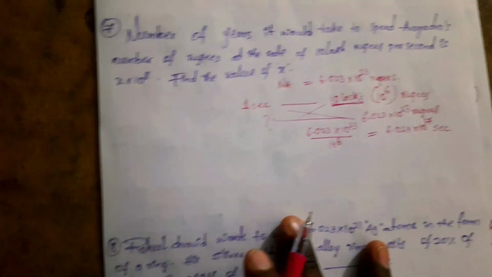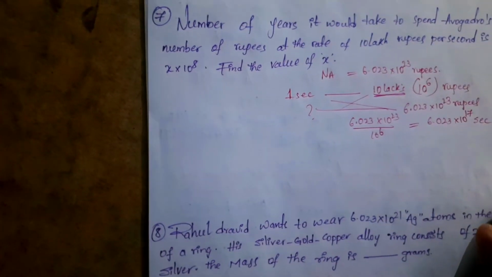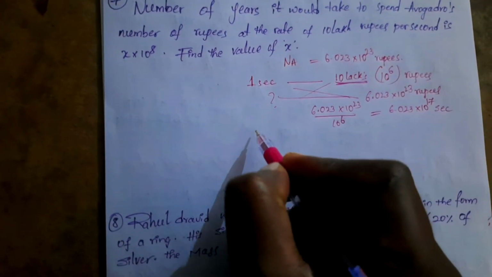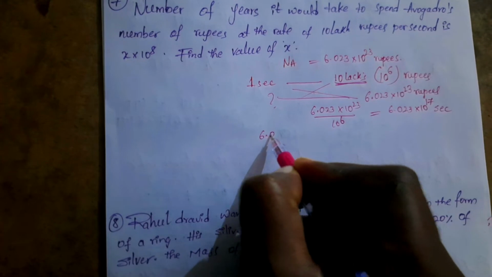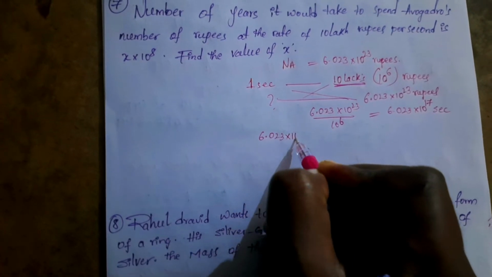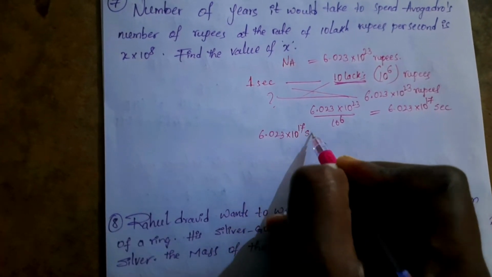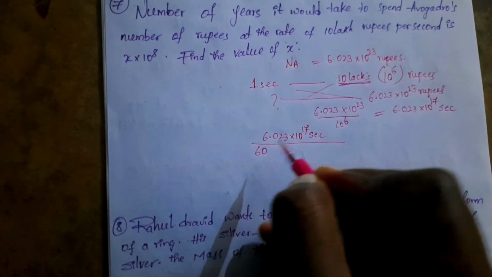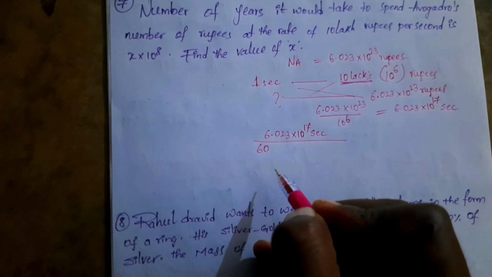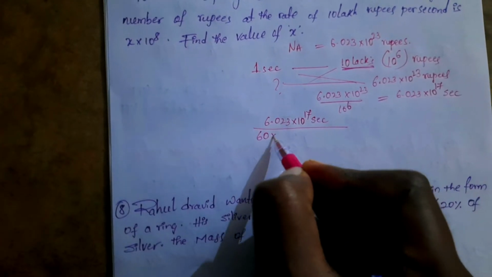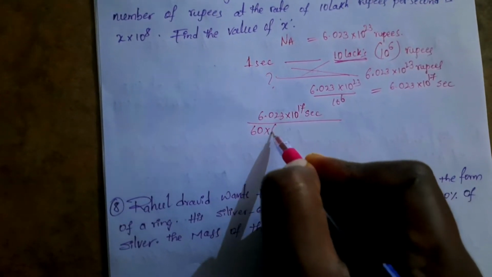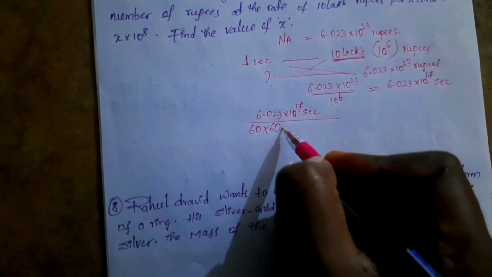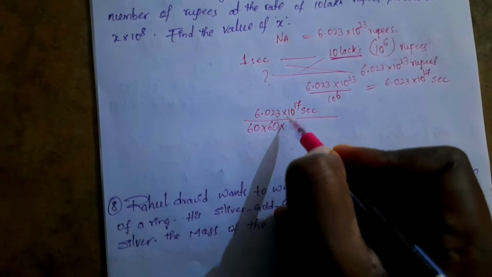So we have to convert these many seconds into years, since they are asking in terms of years. So what we have to do? Take 6.023 into 10 power 17. 60 seconds is equal to 1 minute, so it is converted into minutes when divided by 60. 60 minutes is equal to 1 hour, so divide with 60 again.